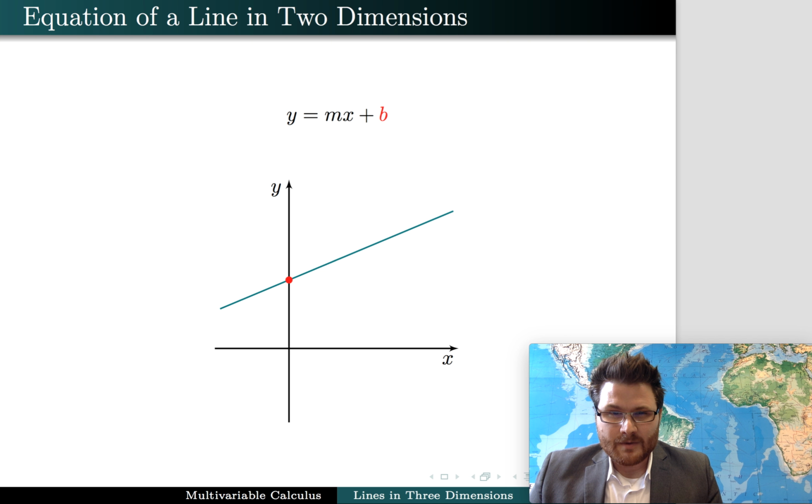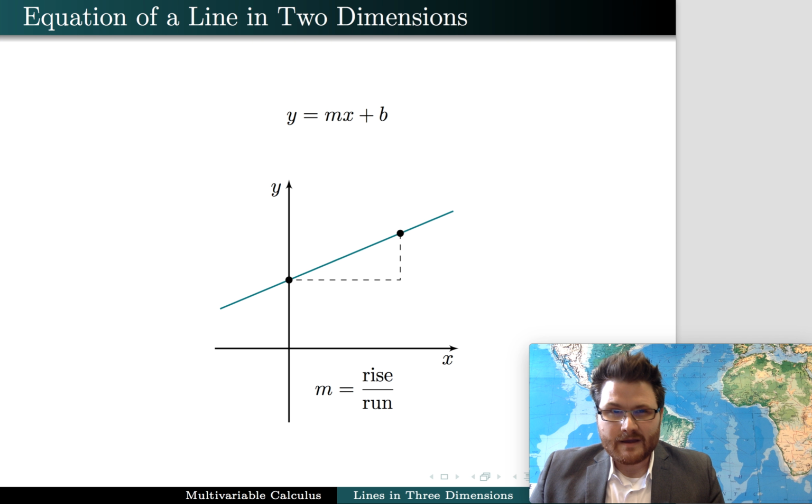And then the slope really tells me how to, from that point, get to any other point. All I have to do is keep the ratio of rise to run as I move left to right, up and down. I just have to keep that at that fixed ratio, and I'll always find other points on the line. So with some starting point, the slope just tells me what direction I can head in to end up at other points on the line.